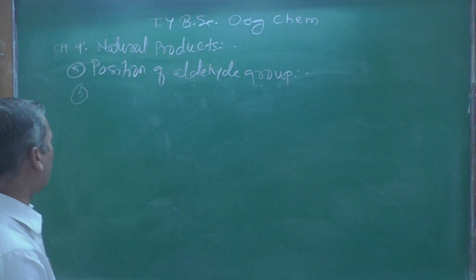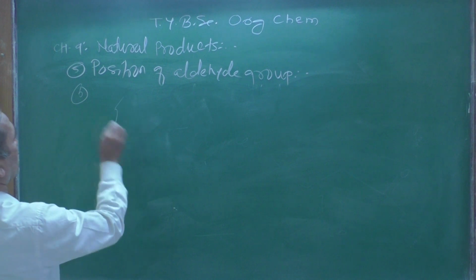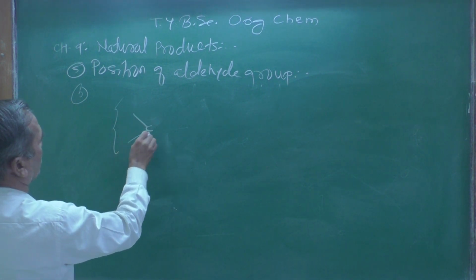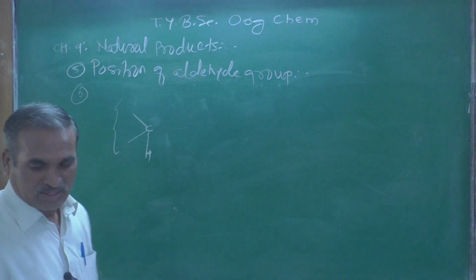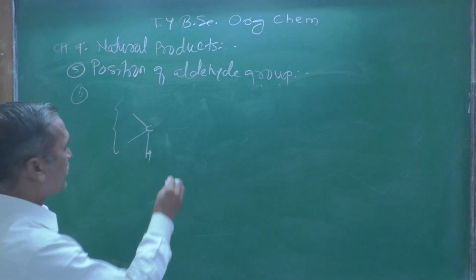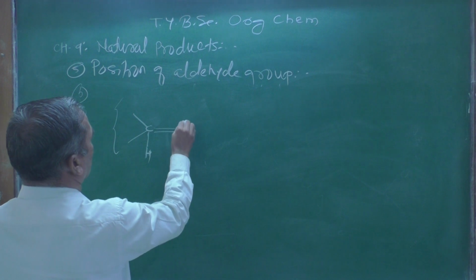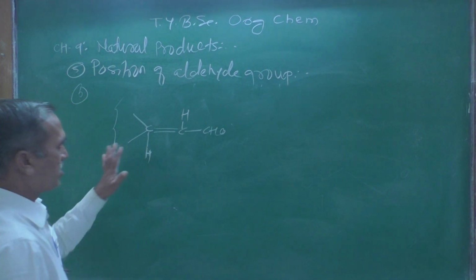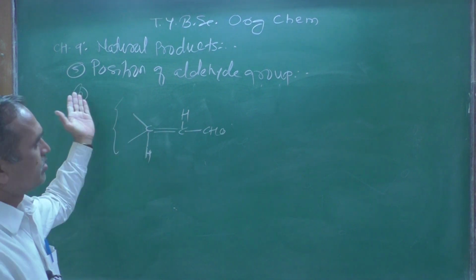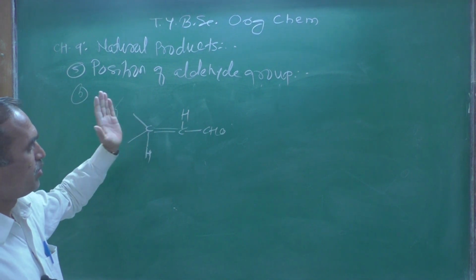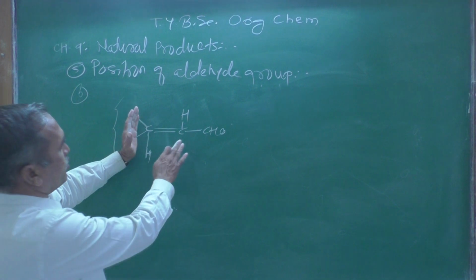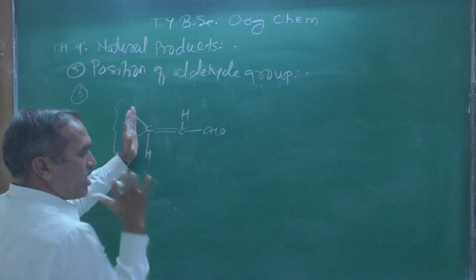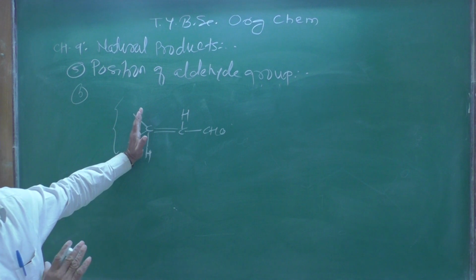Let us assume here the aldehyde group, with the double bond, as we know the aldehyde group is present in conjugation. We don't know the rest of the structure. What we know right now is that the aldehyde group is present in conjugation. That's why I have shown that part over here.